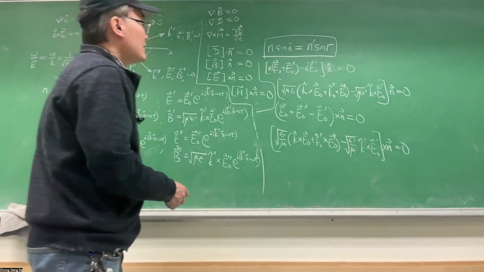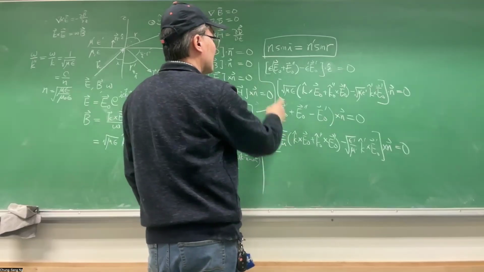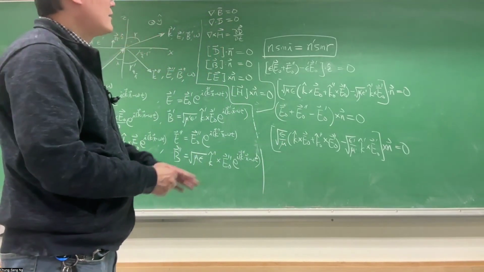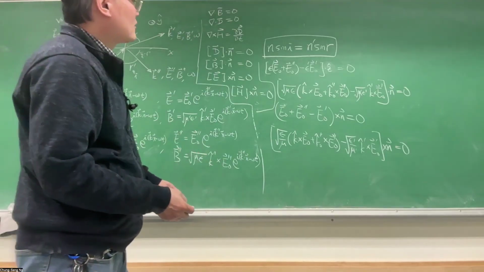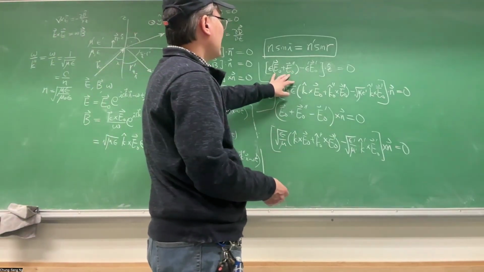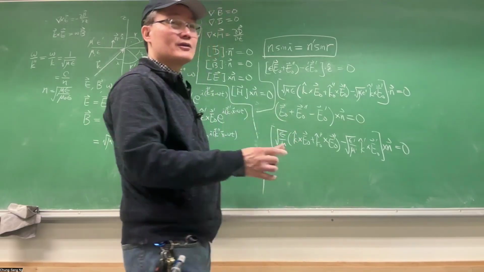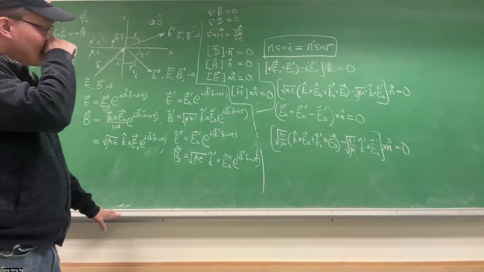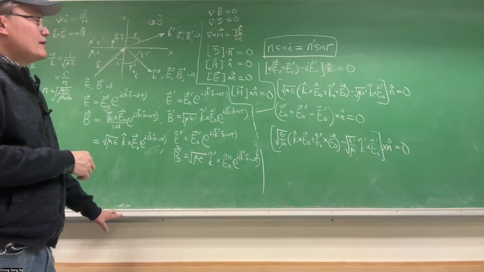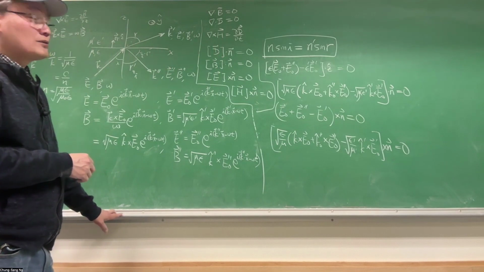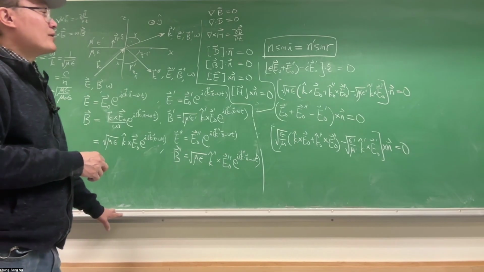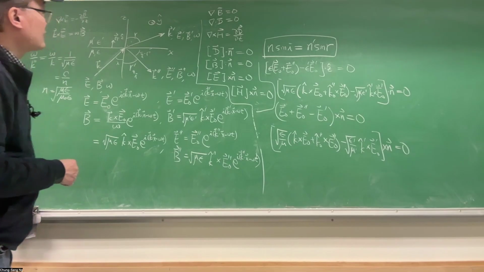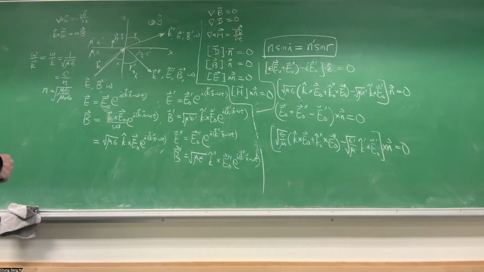Now these are in vector form, which is more difficult to use. If you manipulate that to try to solve for E0 prime and E0 double prime this way, you get a lot of complicated vector operations. The easier way to do it is using component form, where you write your electric field in terms of components.